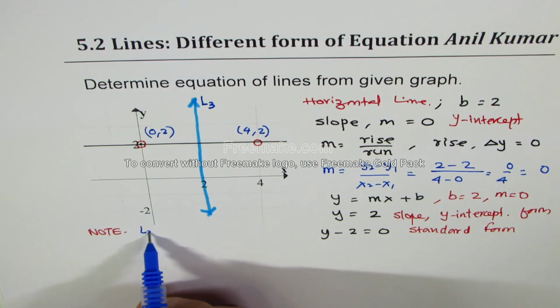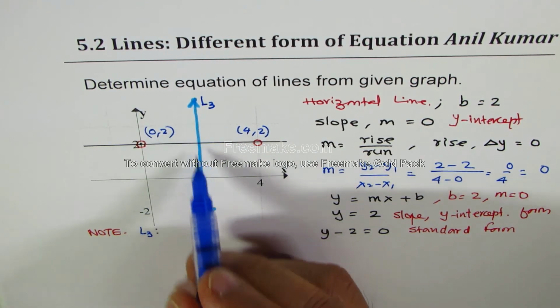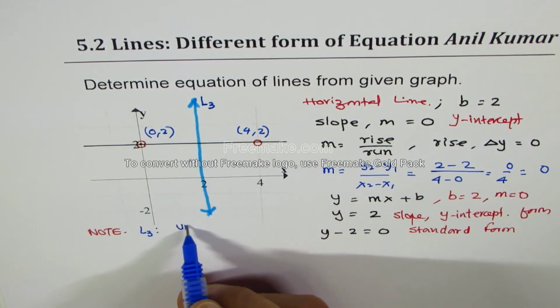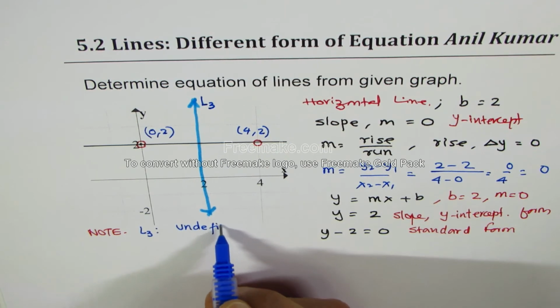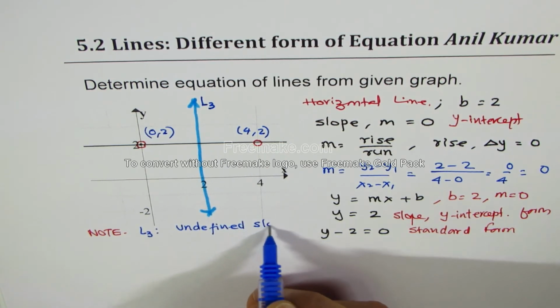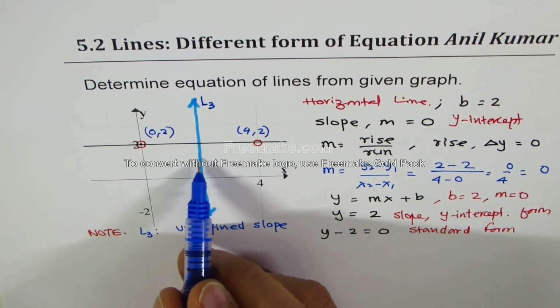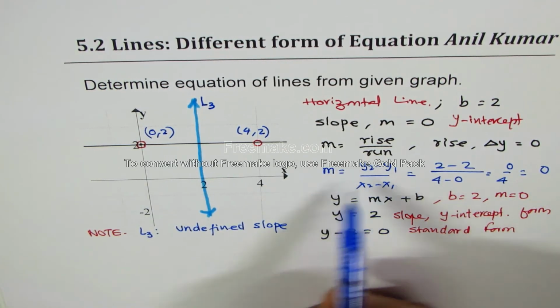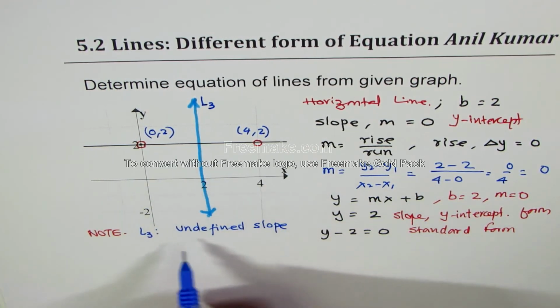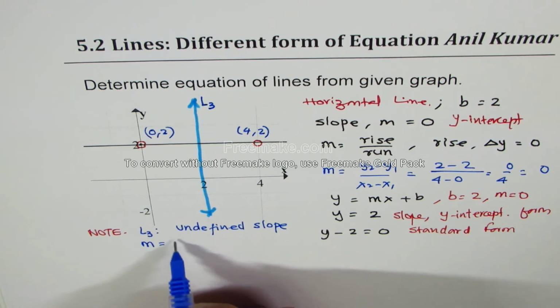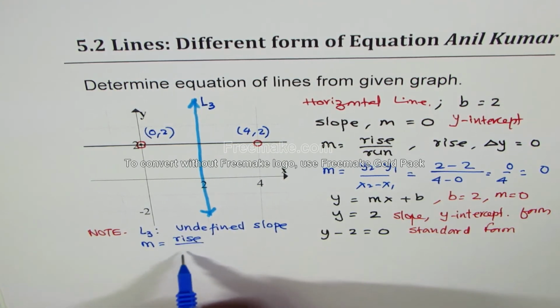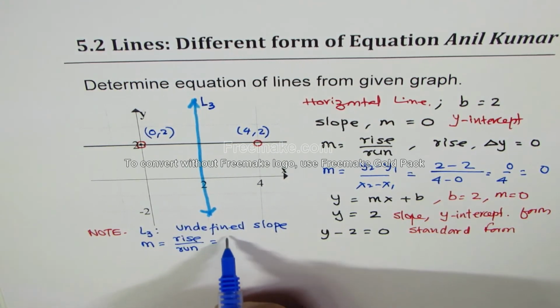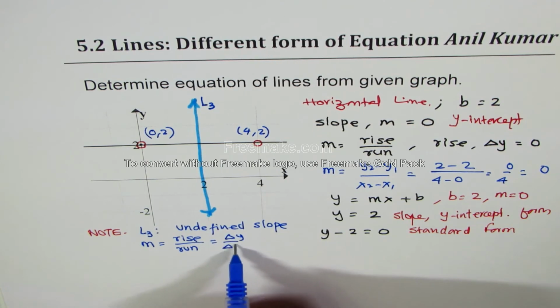So what is the equation of line 3? You will notice that it has undefined slope. That is, run is 0. Earlier, rise was 0, run is 0. So undefined because slope is rise over run or change in y value over change in x value.